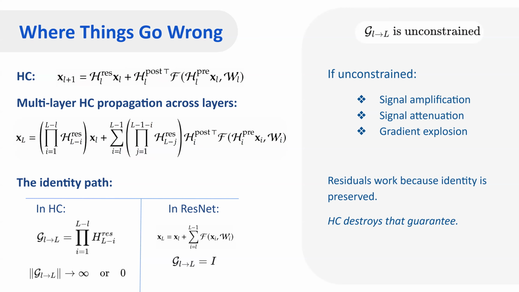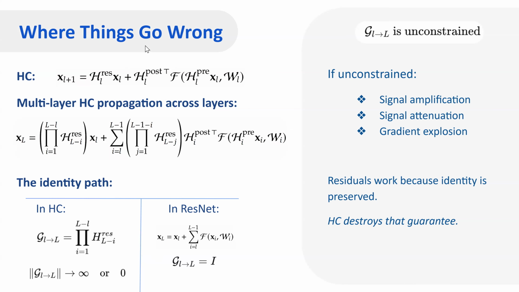Exactly. And before you were multiplying 1. Now you're multiplying these coefficients, and those coefficients may explode or collapse, so we're back to the original problem. So that's the problem, and we want to fix it.